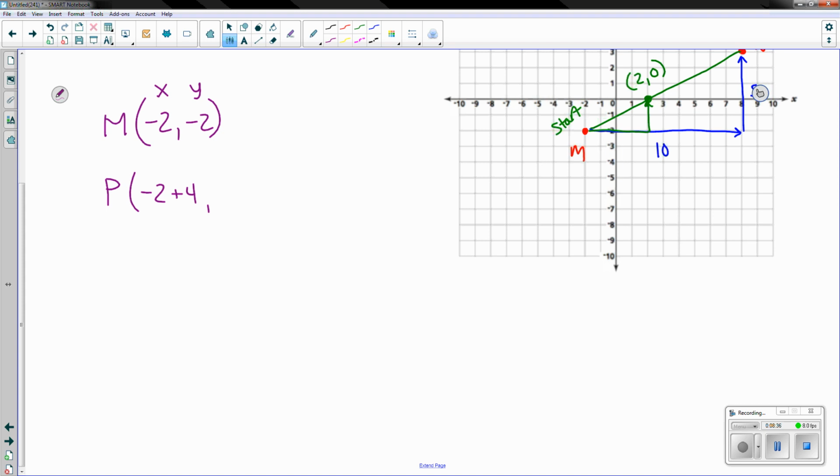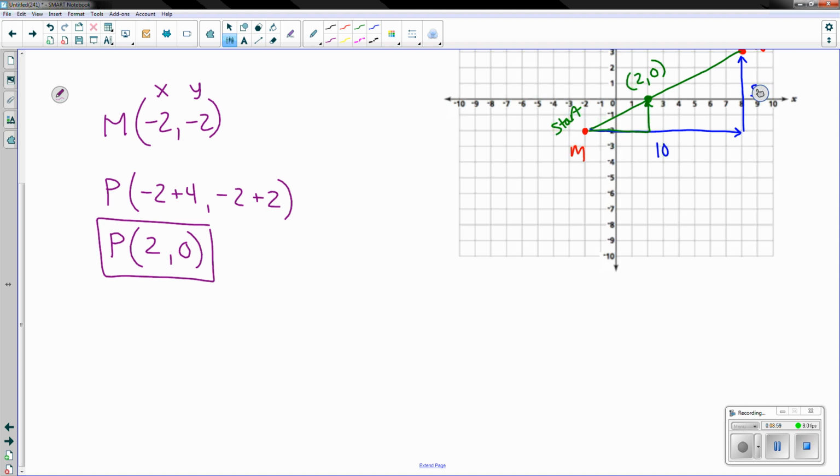So I'm going to add 4 to that, and then to move up, I should add. Oh, sorry, it was only 2 units up. And we do indeed get the same point that we got from counting, verified through algebra.